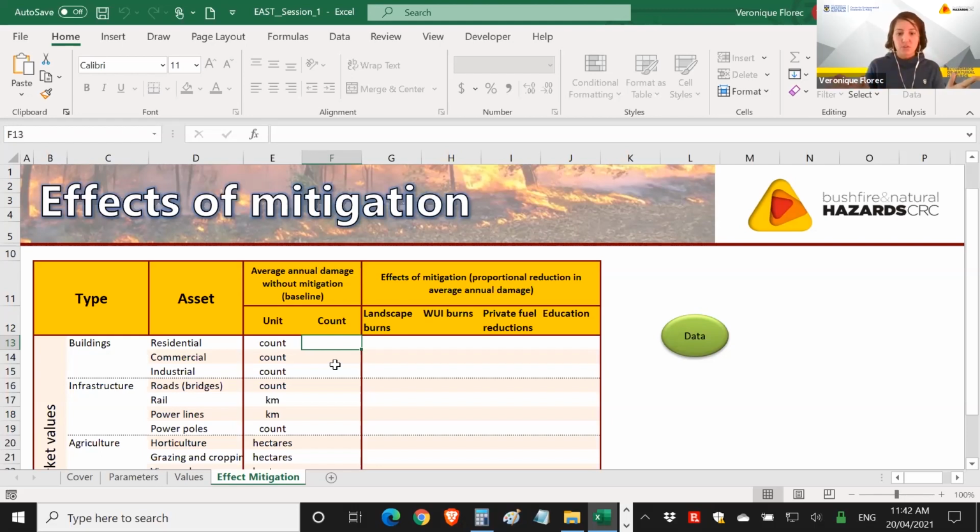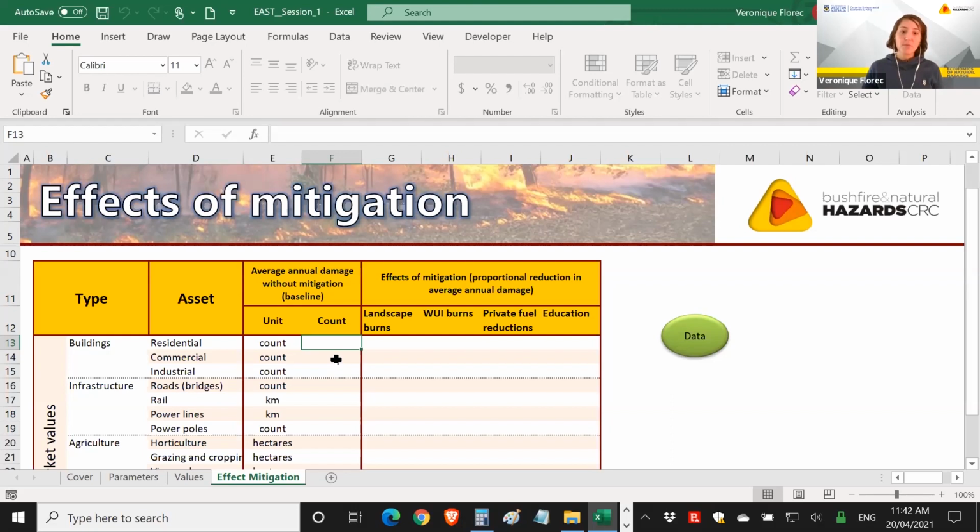This is how much destruction each of these causes, and I know with what probability they occur, and how to use that information to estimate average annual damage. So we're not going to go into detail here on that. Just know that usually this is taken either from historical data, or from simulations, where you create a scenario in your landscape and then simulate different bushfires to know exactly what could happen.